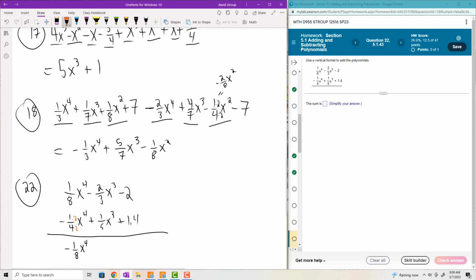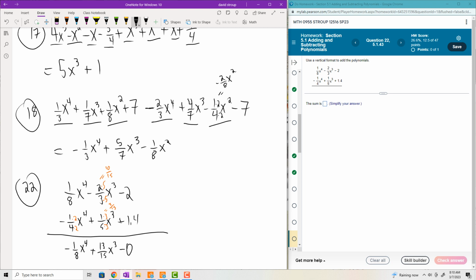And the second term, I'm going to need a 5 in the top and bottom there on the first guy, and then a 3 in the top and bottom there on the second guy. So this top guy is going to end up being 10/15, and the bottom guy is going to be 3/15. Adding those together, just add the numerators. 10 plus 3 is 13/15 x cubed.